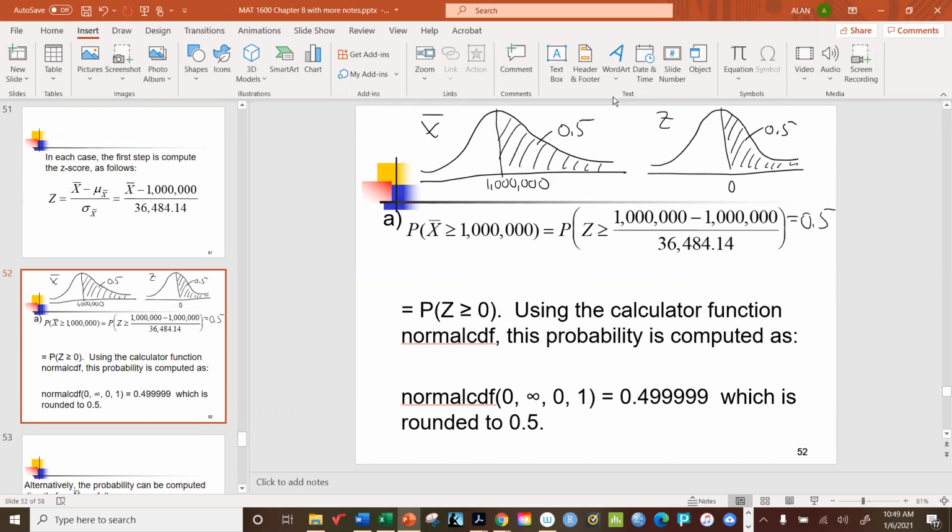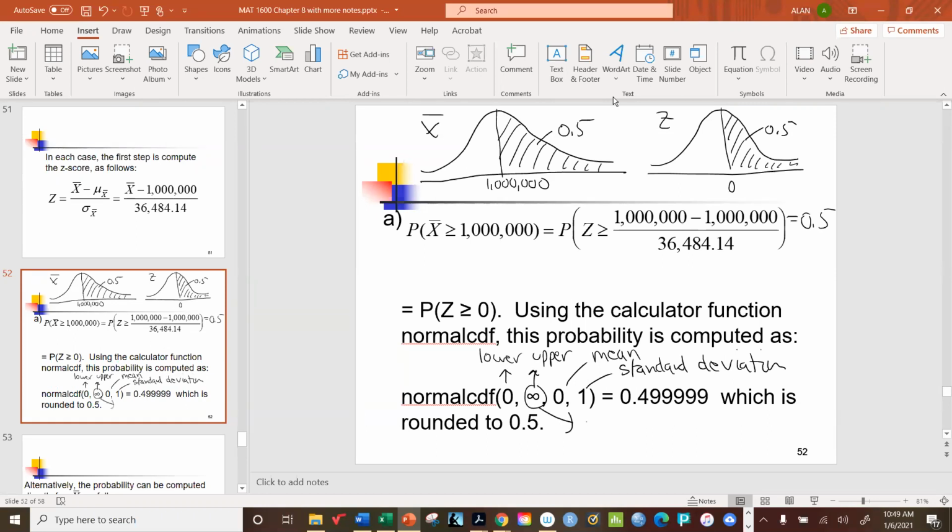Now, this introduces an interesting result, though. If you take the z-score and plug it into your calculator, you'll discover that it does not give us back 0.5. It's 0.4999999. Why is that? Because the calculator doesn't have infinity built into it.